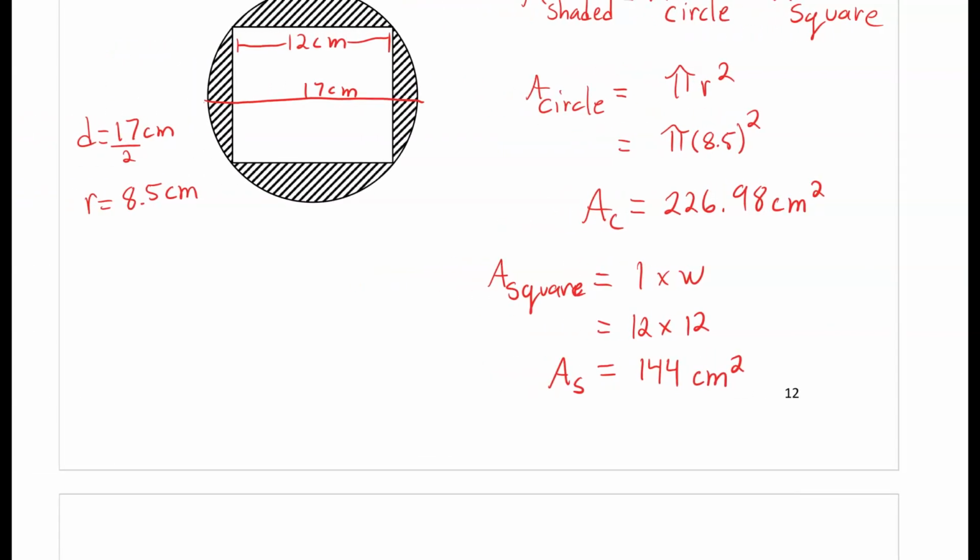Our last thing that we need to do is the area of the shaded equals 226.98 subtract 144 and gets us our final answer of 82.98 centimeters squared.